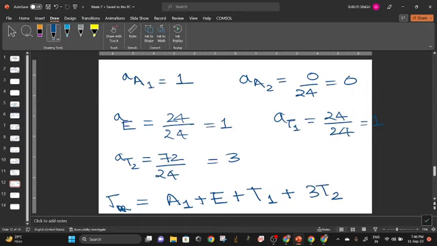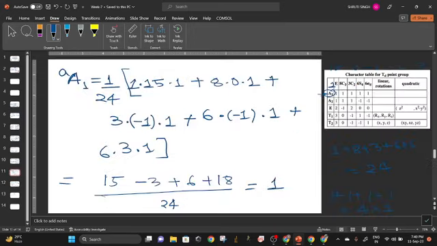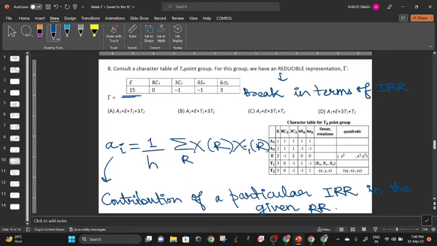This is the answer. This is the linear combination of irreducible representations which make this reducible representation. Which option is this? This is the first option.